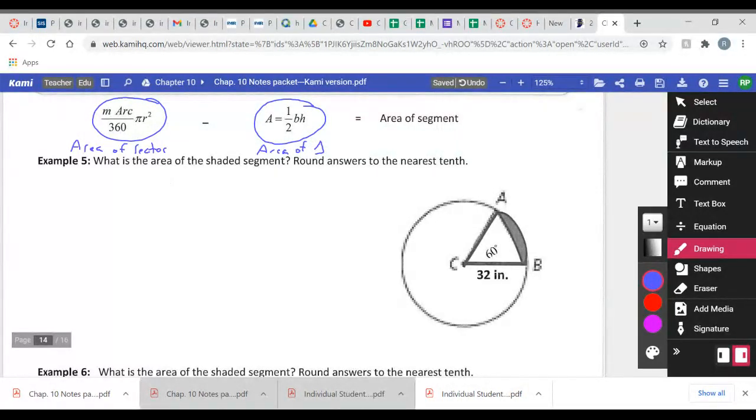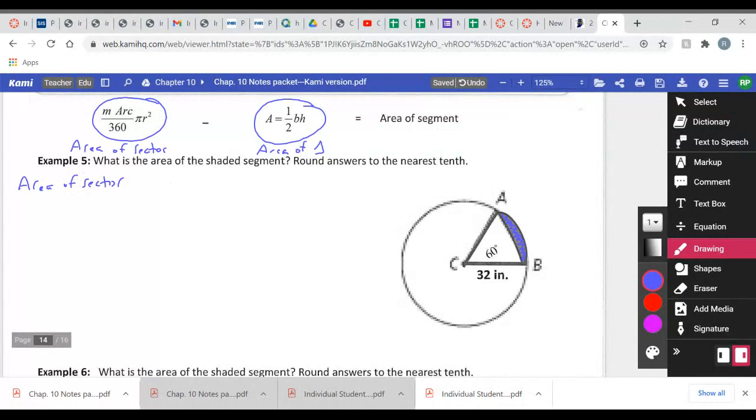So in this particular picture on example 5, we're trying to find this part that is shaded, that I just shaded also in blue. So if we go ahead and find the area of the sector like we did on the last page on example 3 and example 4, I'm just going to try and keep clear everything I'm doing by labeling what I'm finding.